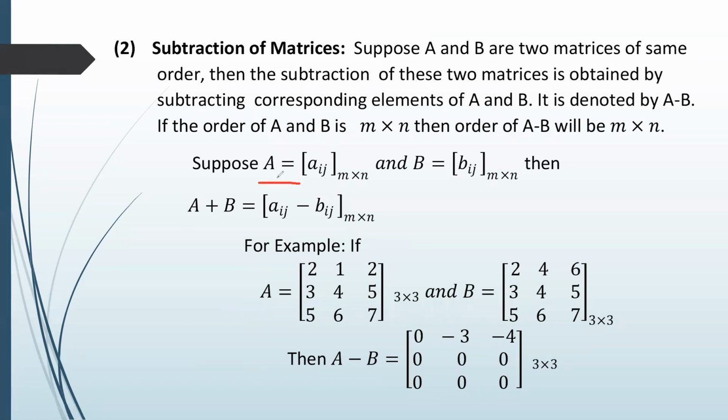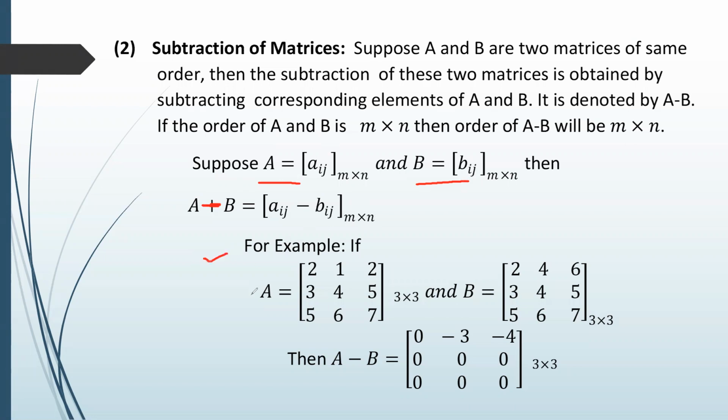Suppose we have a matrix A like that and matrix B like that, then A minus B will be Aij minus Bij of order m by n.